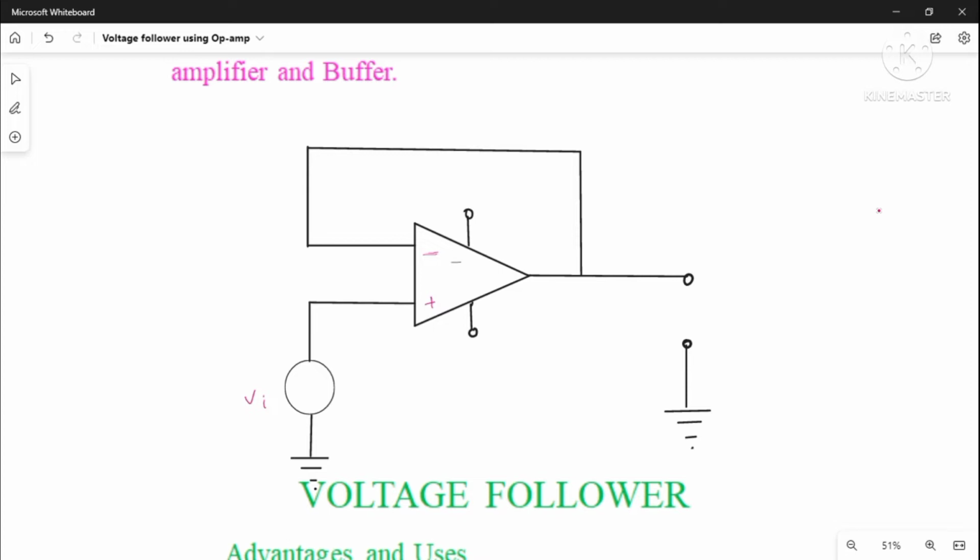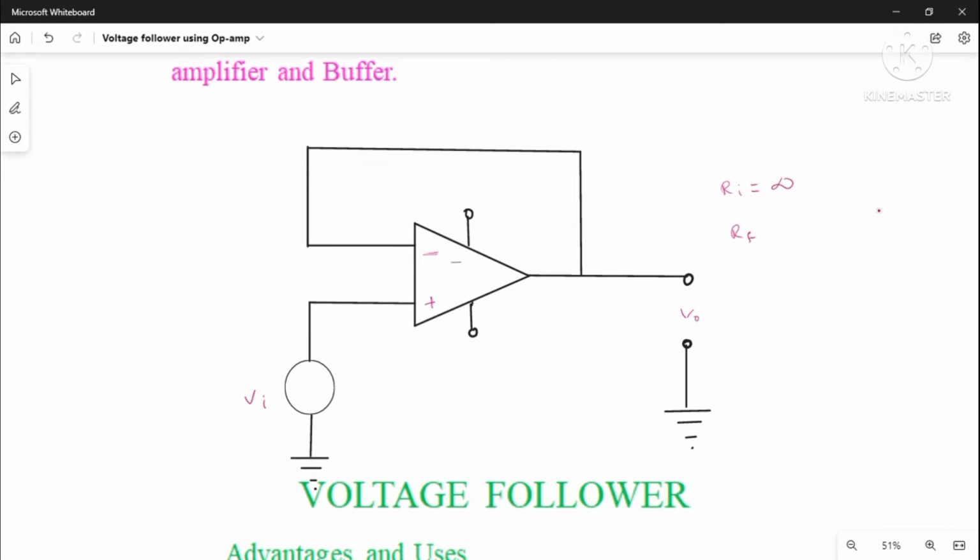The input resistance Ri is equal to infinity and the feedback resistance Rf is equal to 0, and the output voltage is measured here.